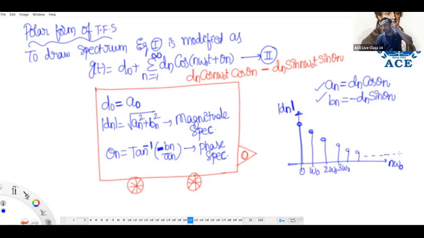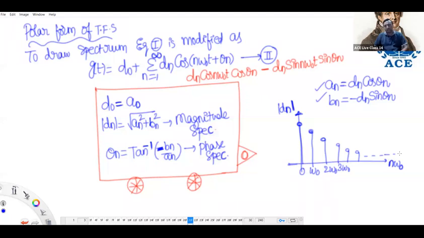That is what we have made in the comparison table. Fourier series spectrum is discrete. There are two advantages of taking spectrums. First advantage, at every frequency you can observe the magnitude and phase, which is not visible in the time domain graph.